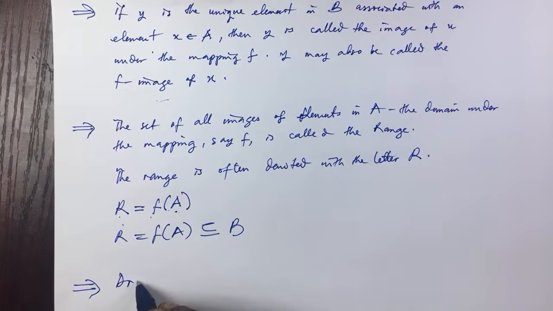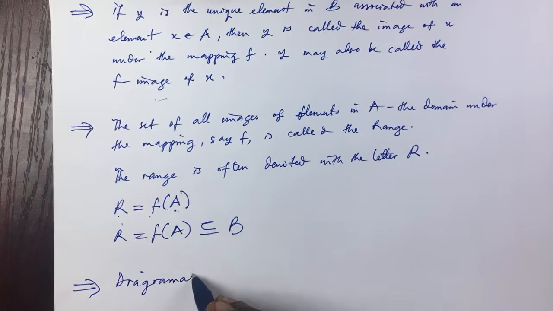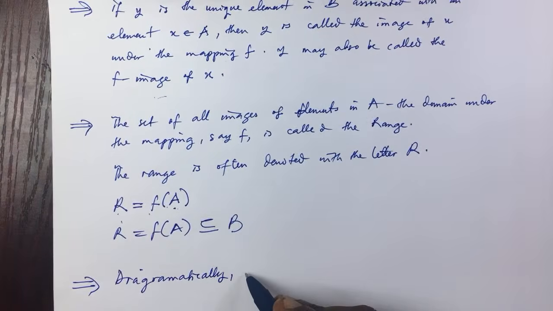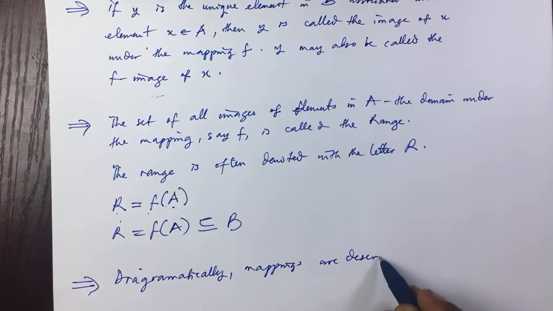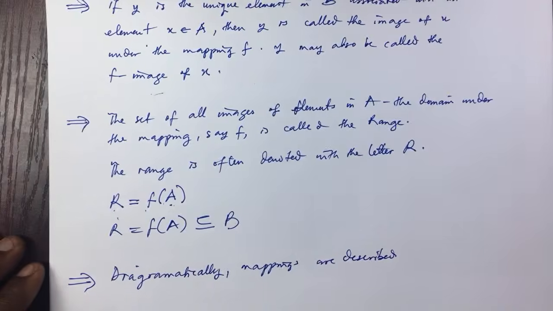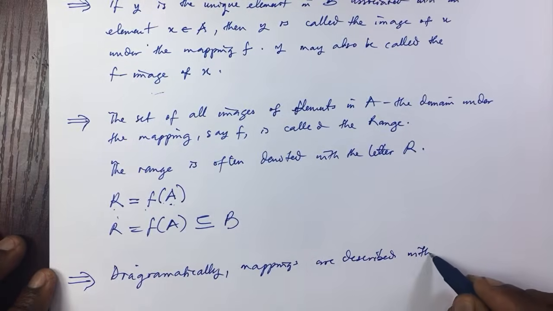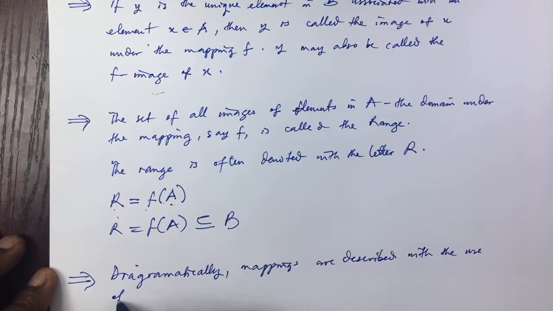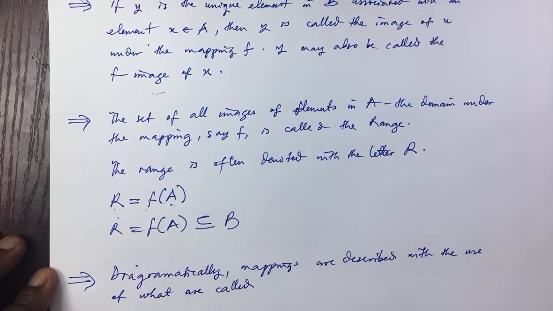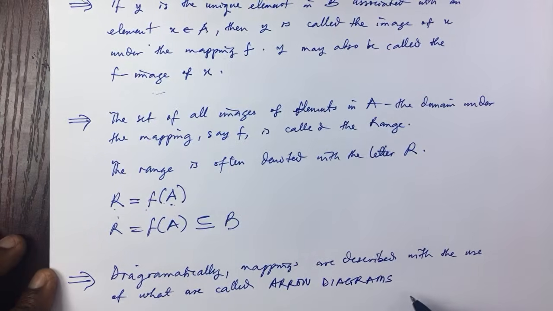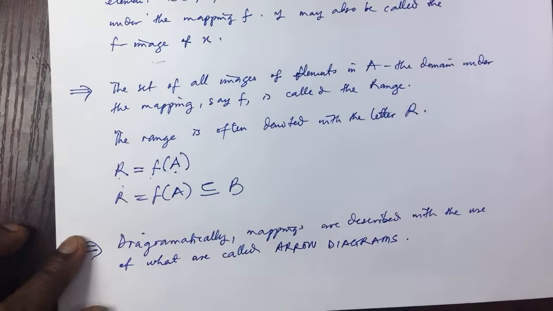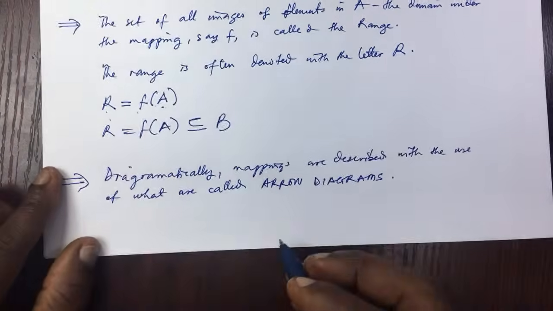So, diagrammatically, mappings are described with the use of what are called arrow diagrams. So I'm going to show you quickly what an arrow diagram looks like. Okay, so an arrow diagram is a diagram that looks like this.